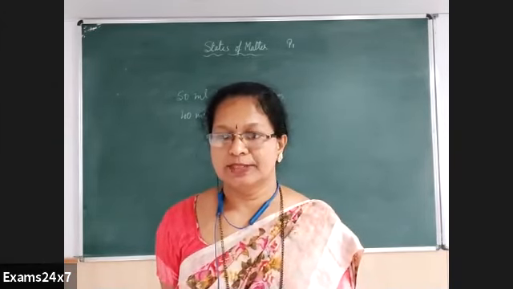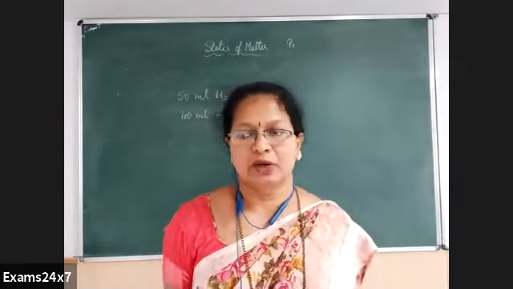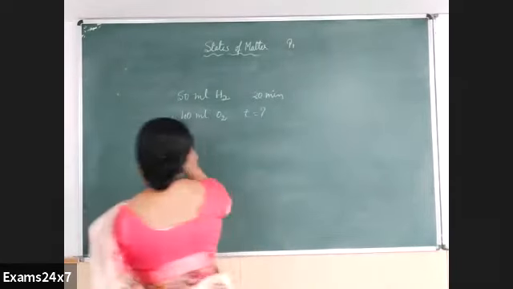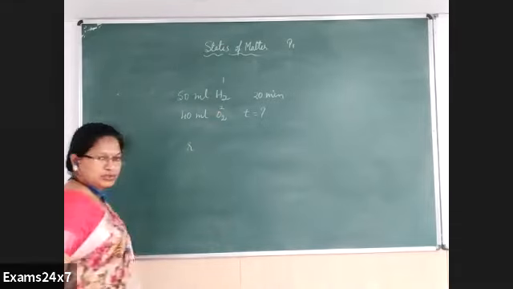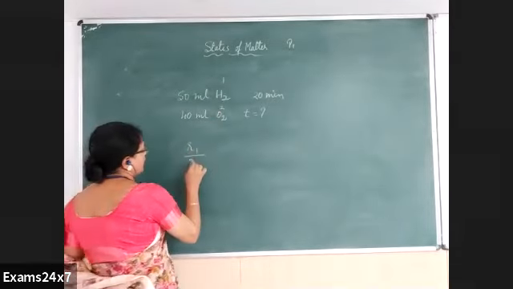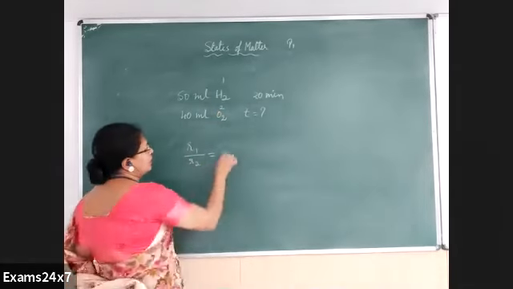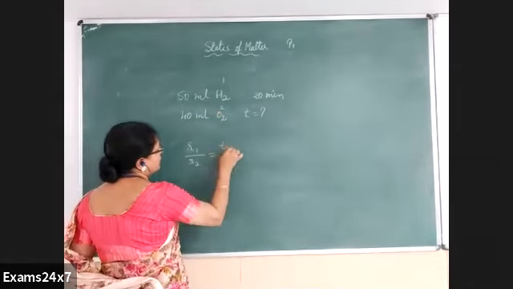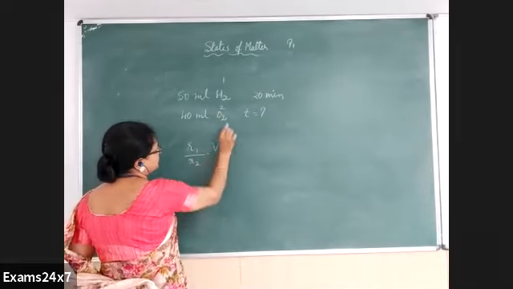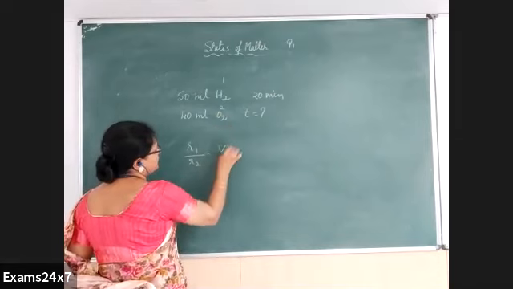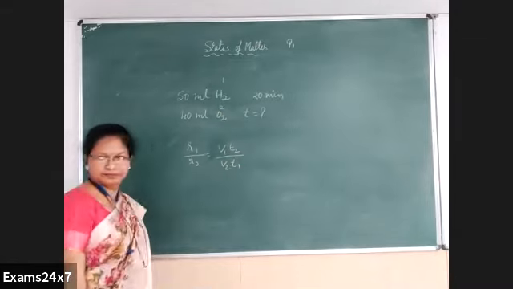Question based on what concept? Graham's law of diffusion. Here, if hydrogen is taken as 1 and oxygen as 2, then R1 by R2 will be equal to V1 T2 divided by V2 T1 in terms of volume.